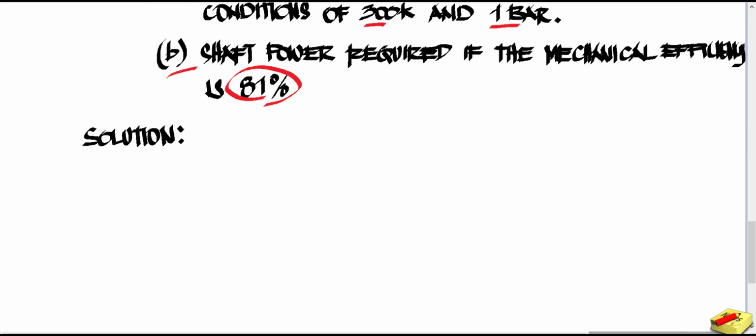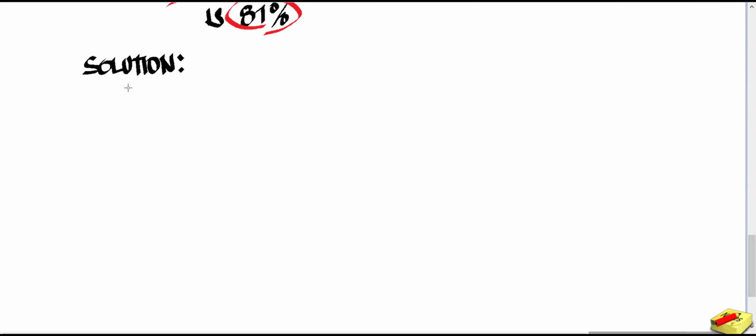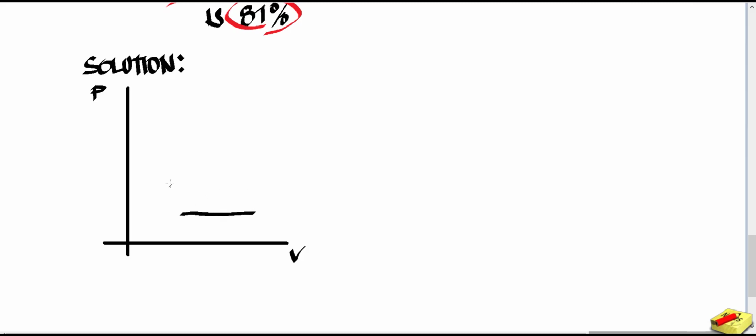For the solution, let's draw the PV diagram so that we can easily plot the processes and identify the given data. I have here your pressure and your volume. During the suction, we have the following process from here going there. This one will be your point 1.